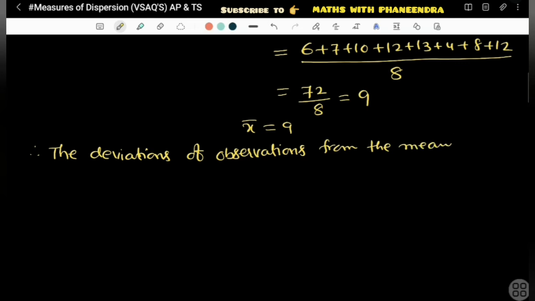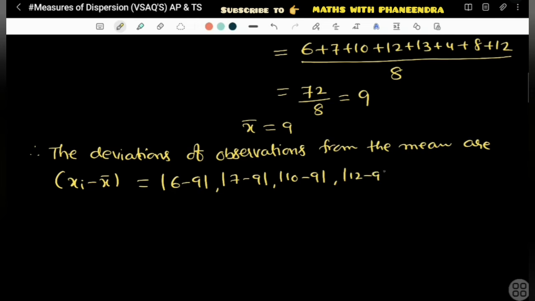Mean means x bar only. Like xi minus x bar, this modulus you can calculate. Anyway it will become positive. So for all you can calculate mod xi minus x bar, value is 9 now. So 6 minus 9, 7 minus 9, 10 minus 9, 12 minus 9, 13 minus 9, 4 minus 9, 8 minus 9 and 12 minus 9.